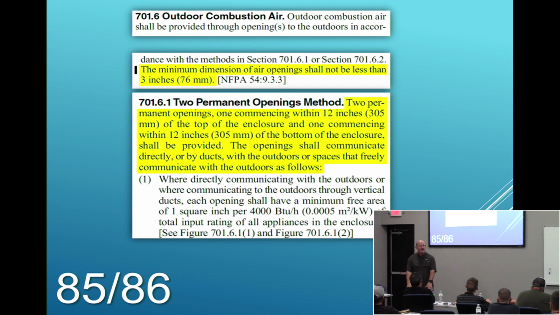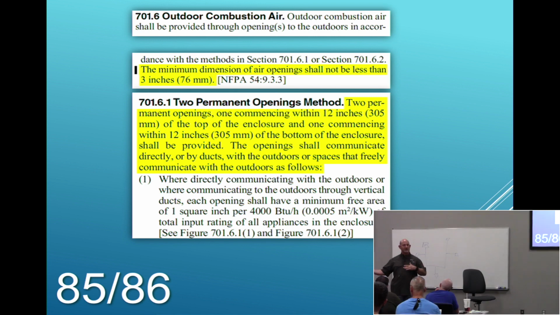What kind of crawl space? A vented crawl space. Because remember, if that attic was sealed, do you agree now we're back to 701.5 indoor openings? Make sense? But if it's a vented attic, do you agree 100% of the air in the vented attic comes from outside? Agreed? So it's not outside, but it freely communicates with the outside.